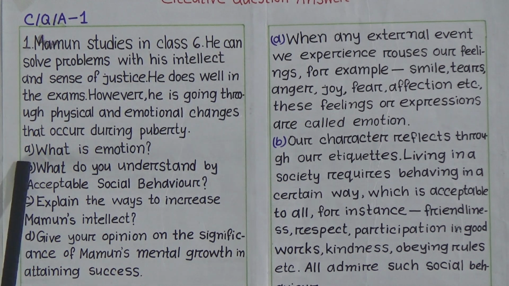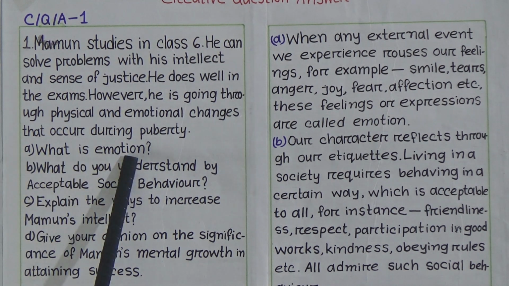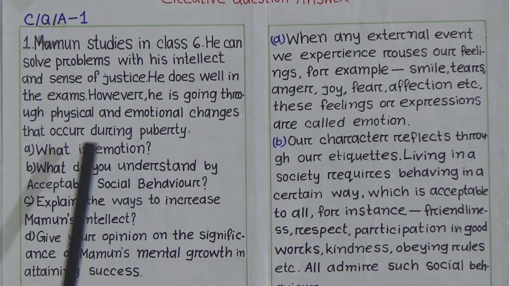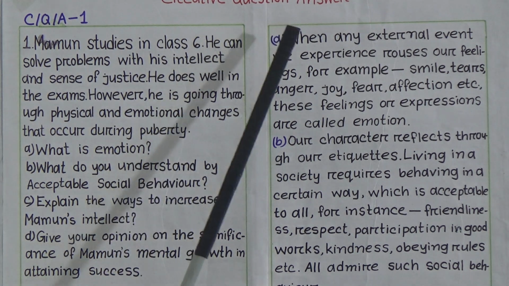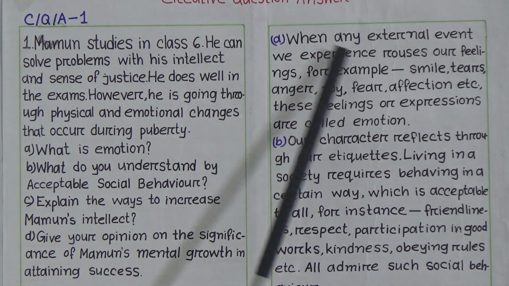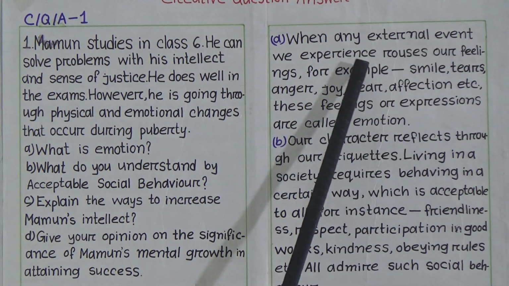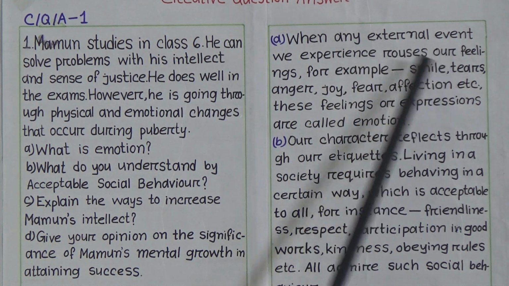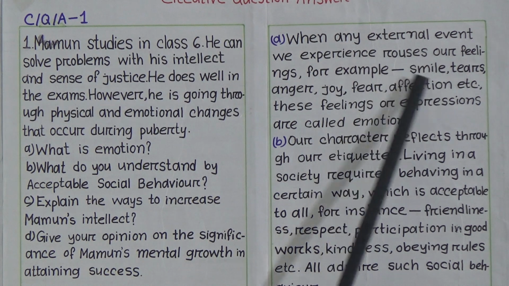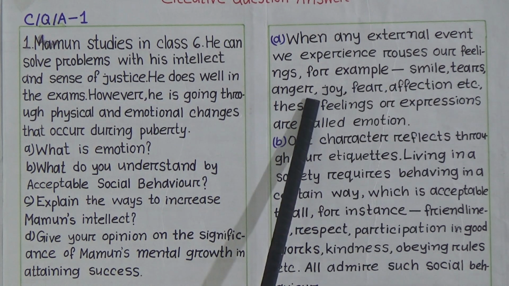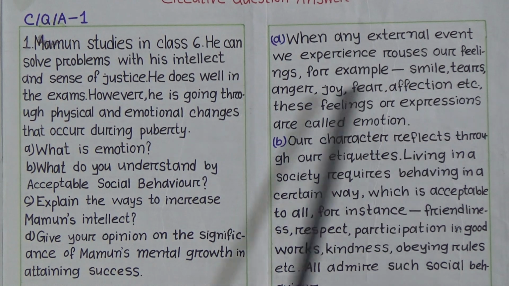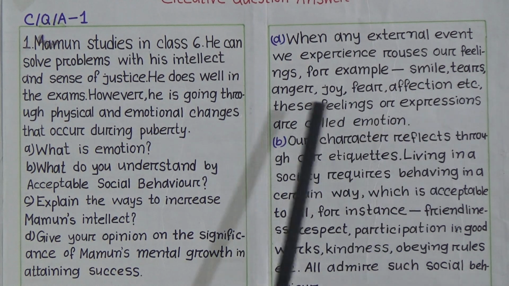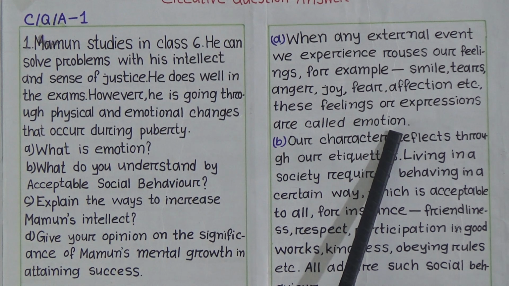Our first question is, what is emotion? The answer is, when any external event we experience rouses our feelings, for example, smile, tears, anger, joy, fear, affection, etc. These feelings or expressions are called emotions.